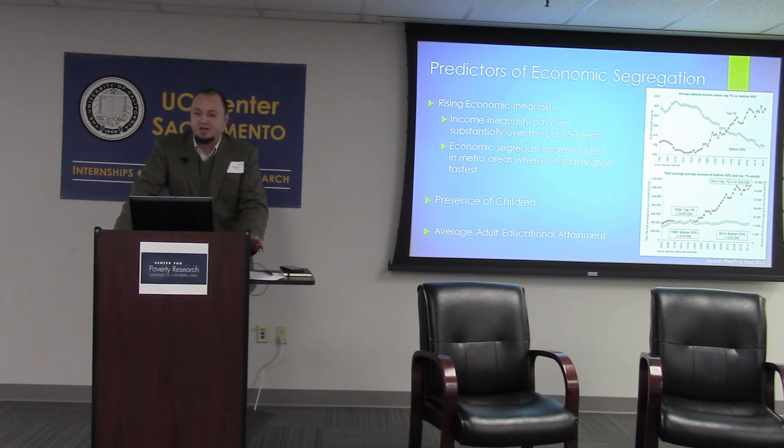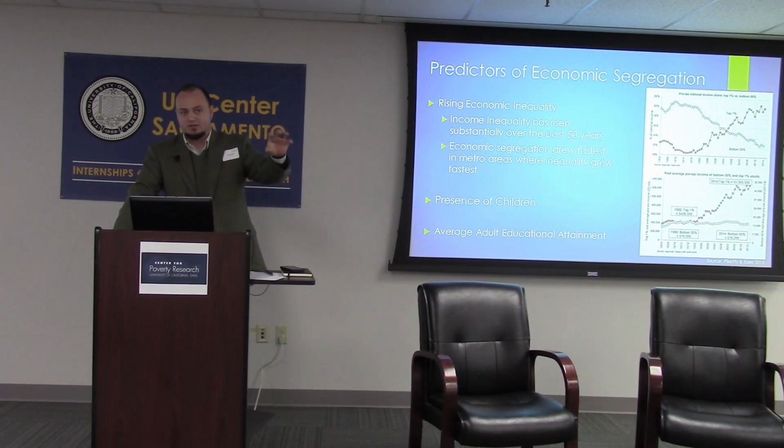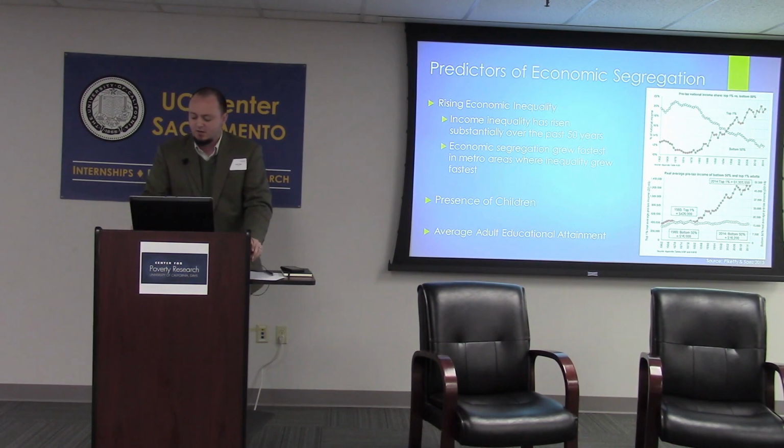By some accounts, Ann Owens at University of Southern California has work showing that all of the income segregation growth in recent years in the 100 largest metro areas in the U.S. is driven by families with school-age children. That if it weren't for families with kids with greater economic resources moving to try and attend homogeneous schools, there would be no change in economic segregation at all in the United States.